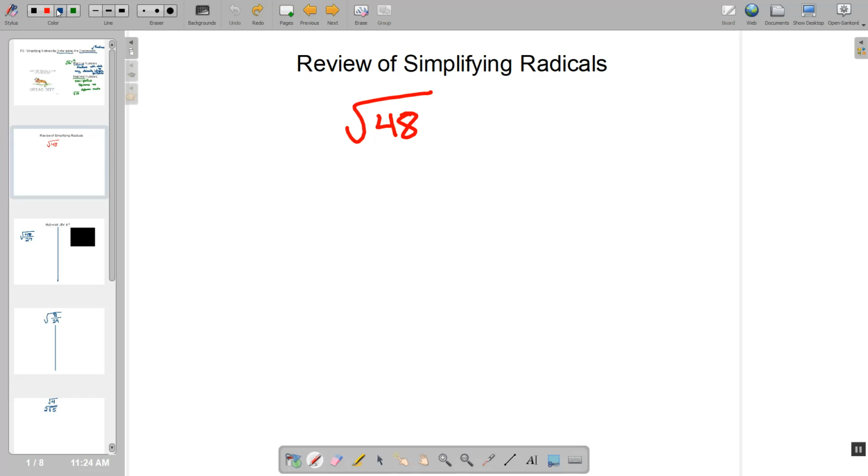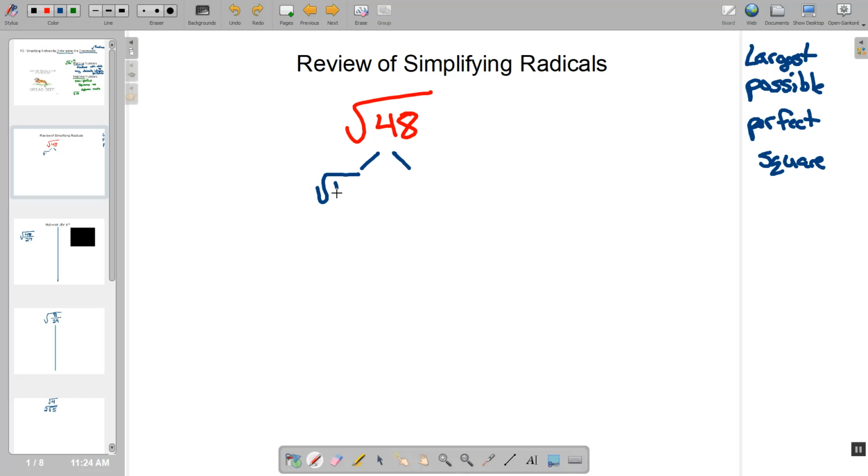As we are working with these problems, we're going to do a quick review of simplifying radicals. What we're trying to do is turn this irrational number into a simpler irrational number. We always are looking for the largest possible perfect square, which in this case would be 16. Therefore, we can convert the square root of 48 into the square root of 16 times the square root of 3.